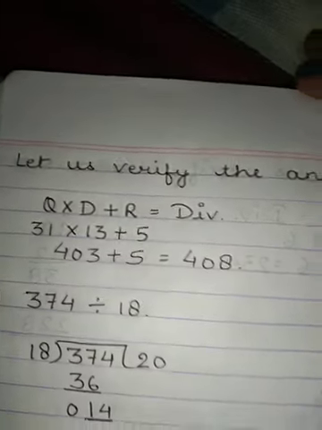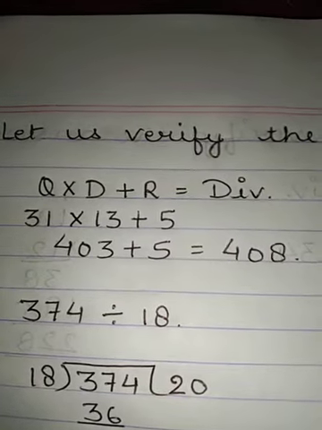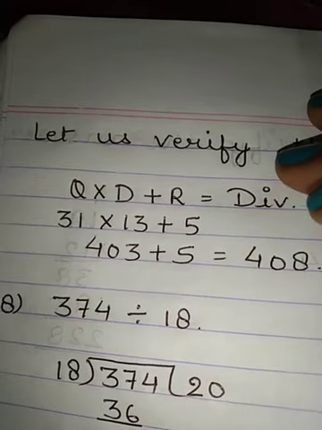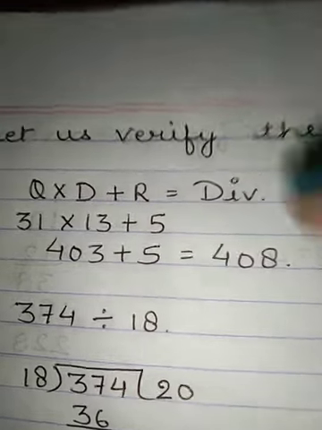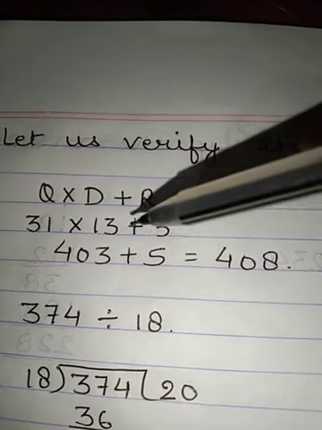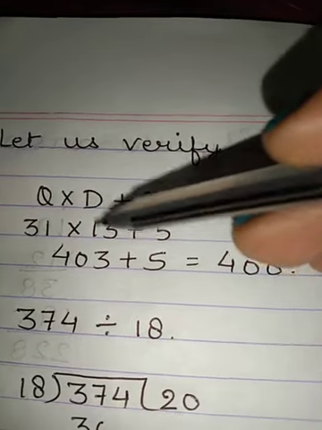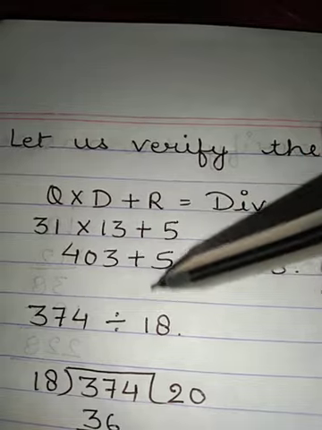Now let us verify the answer. Q multiplied by D plus R is equal to dividend. We will do the same division fact we were doing yesterday or in the earlier exercise. So 31 multiplied by 13 plus 5, this is the remainder. 31 multiplied by 13 will come 403.